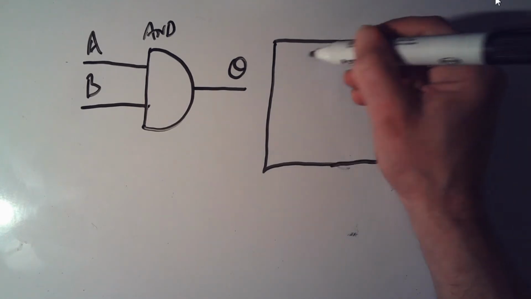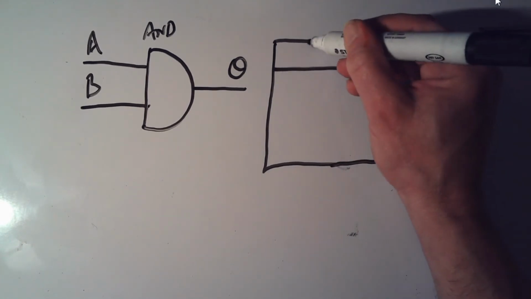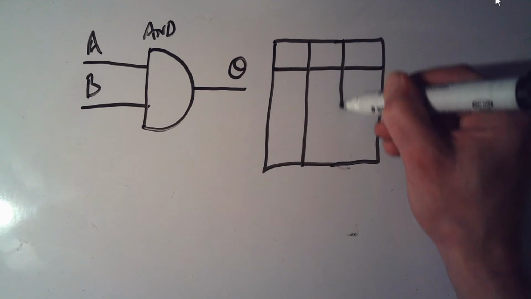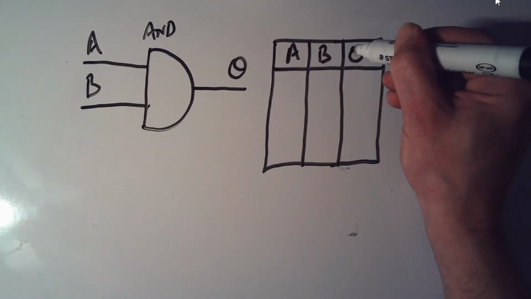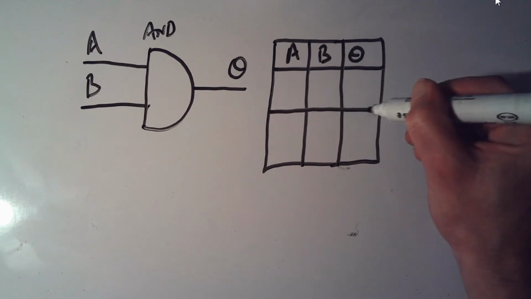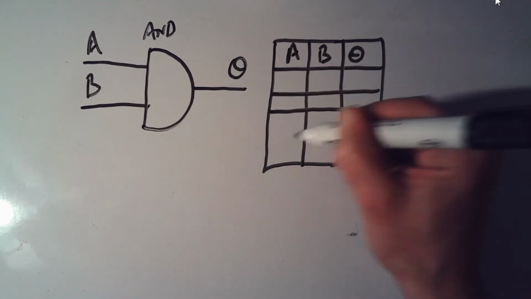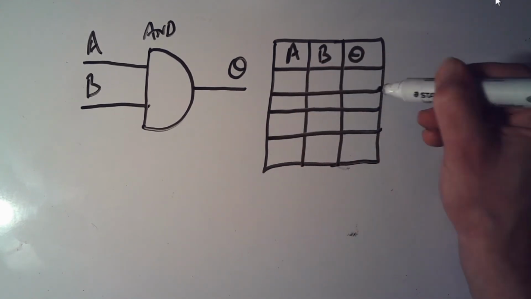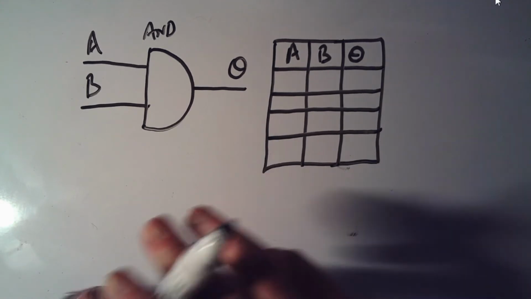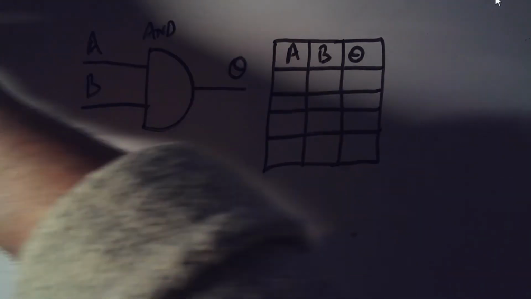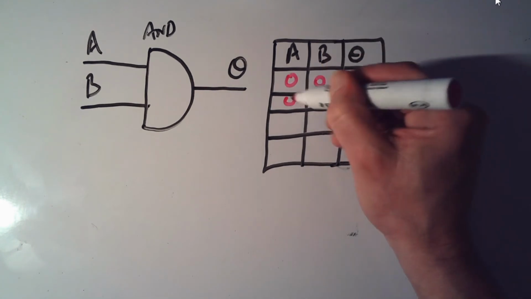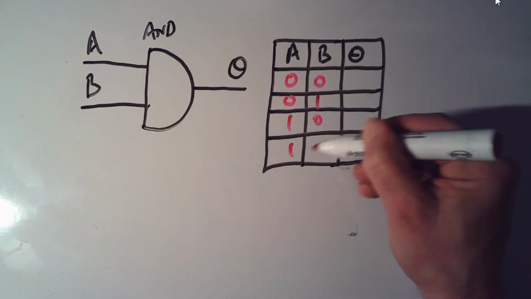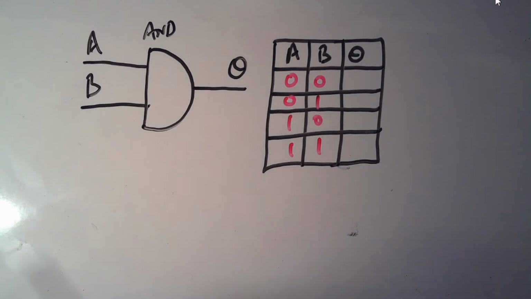So on this occasion I'm going to have three columns, okay, for the two inputs and the output we're going to have A, B and Q. This time of course I'm going to have four possible combinations of zeros and ones. So let's make sure that we can do that in our table. We're going to use a slightly different colour here. So let's simply count up in binary: 0 0, 0 1, 1 0, 1 1, and let's revise the output.